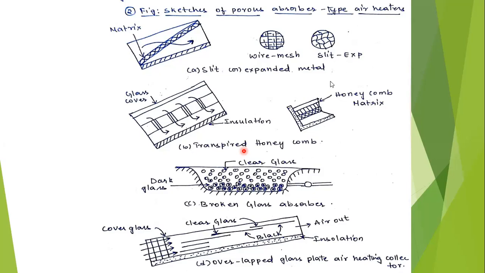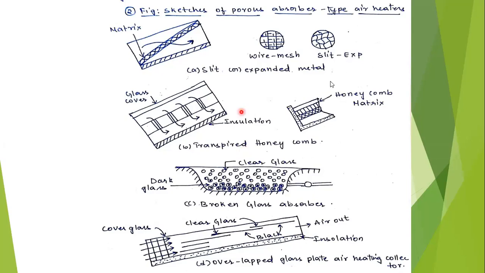Improper selection of matrix porosity and the pores of the matrix, and thickness, should be properly selected. If you improperly select the porosity and thickness of the matrix, it reduces the efficiency of this absorber type air heater.